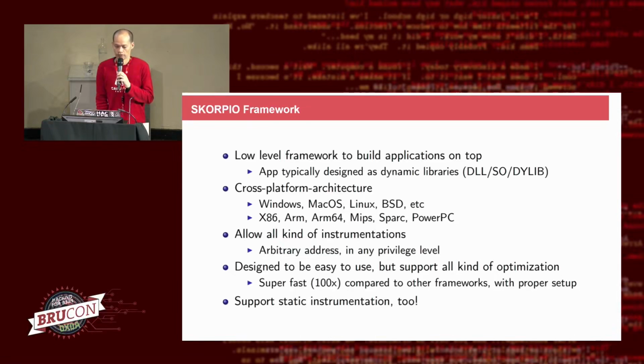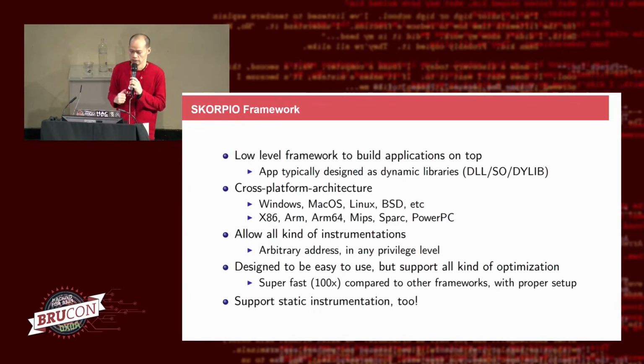And because we want flexibility and maximum optimization, Scorpio supports the instrumentation I introduced before. Unlike many other existing DBIs, you can find many, even open source ones on the internet, but many of them only allow you to instrument a function at its entry point.